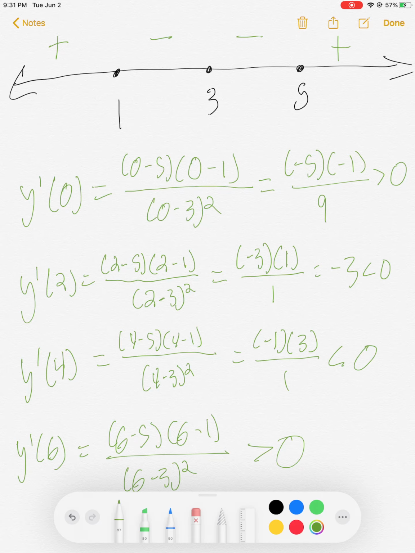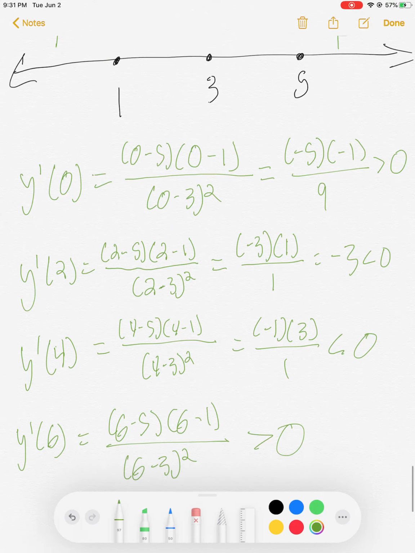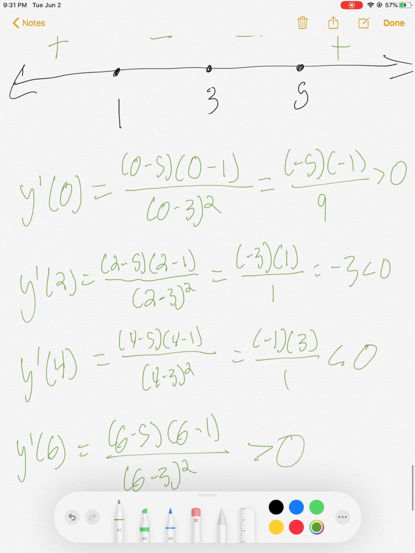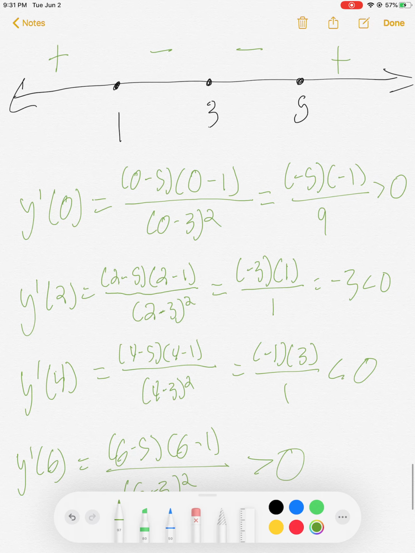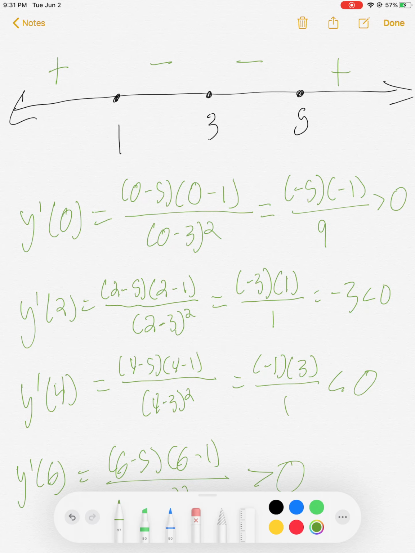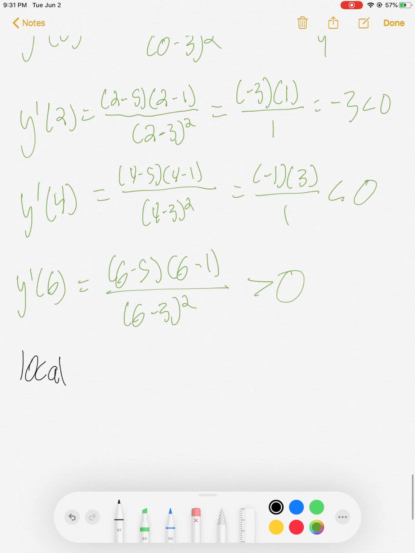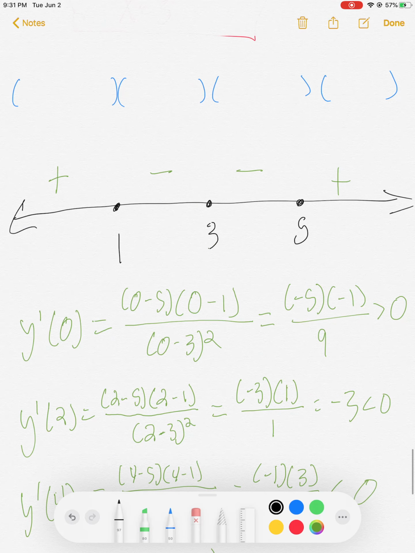I was going to say we could also potentially use the second derivative test. Yeah, actually, why don't we do that instead? Now that I think about it. No, we'll do that for the next one. For now, we've already gotten all this information. So let's just go ahead and see what's going on here.